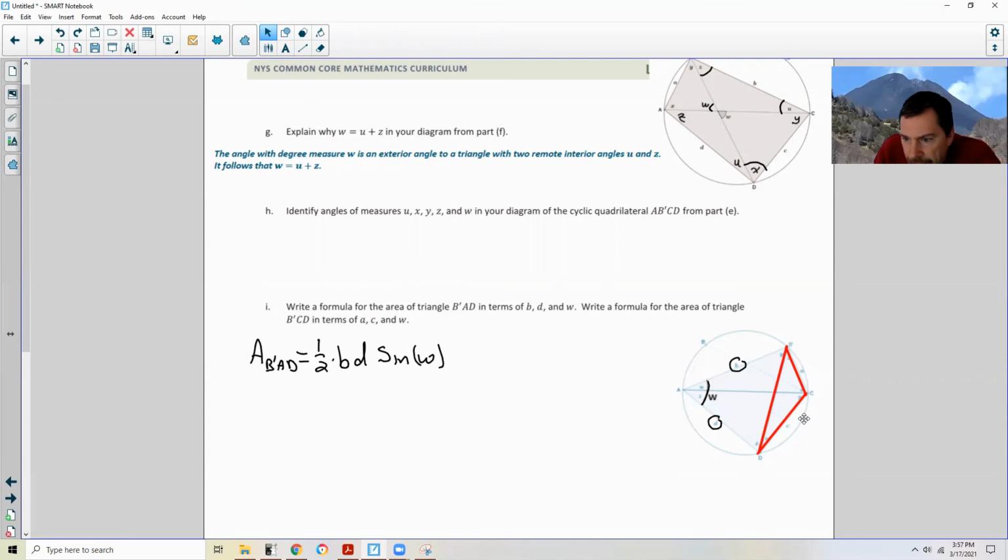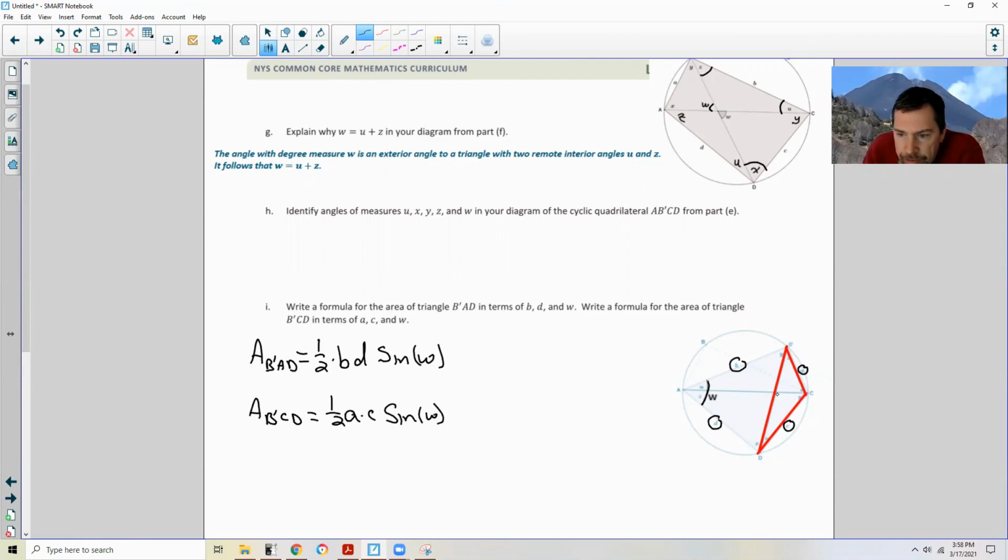Okay, well, we have, what's the sine of W equal? U plus S, or U plus Z, I mean. All right, so we would say the area of B prime CD equals 1/2, and we're going to use the two sides A and C. So it's A times C, and then it's going to be sine W, because that is the supplement to it.